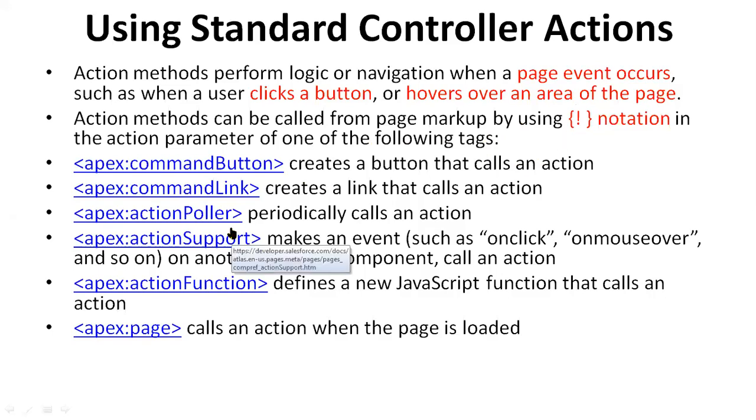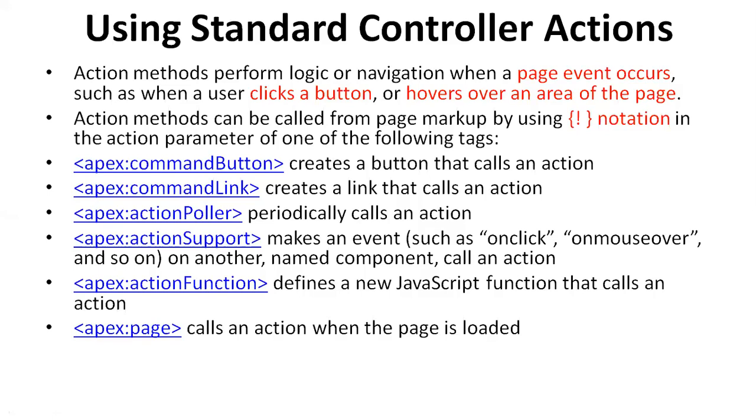With Apex, you write the actions for the following tags: the command button, the command link, and you may write actions for action poller, action support, action function, and action page.